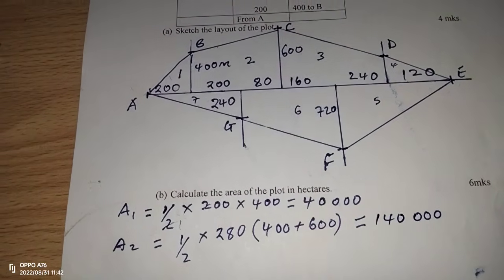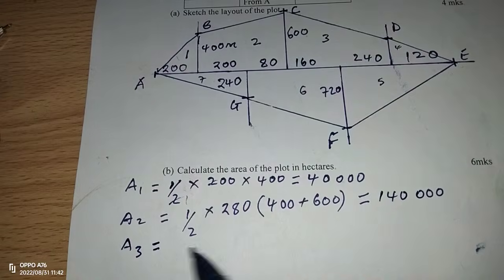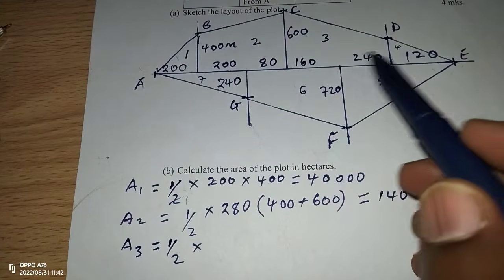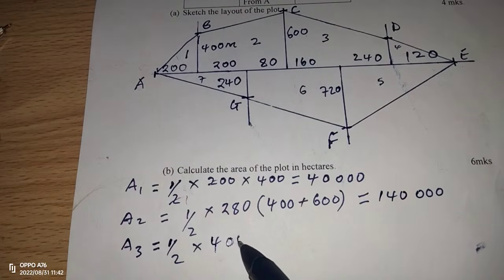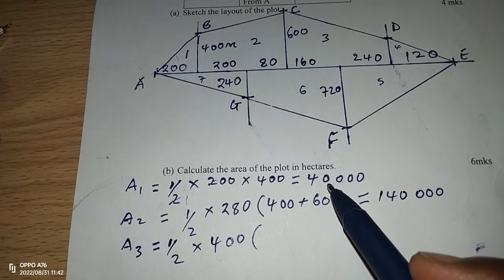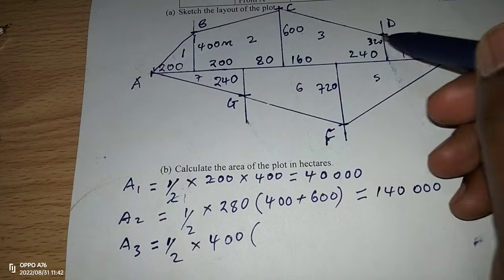meters squared. The second area, now area 3, whereby it's again a trapezium, half times the height, whereby we will take 160 plus 240 to get the length between the two parallel sides. So we have 400. Then the summation of the two parallel sides, whereby, remember to D, we moved 320.